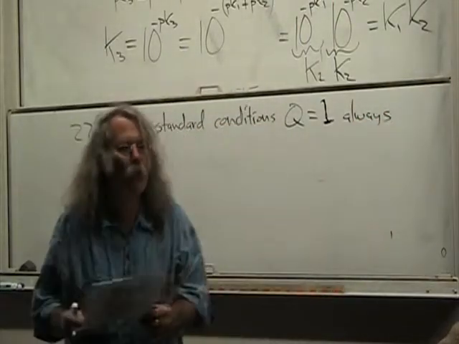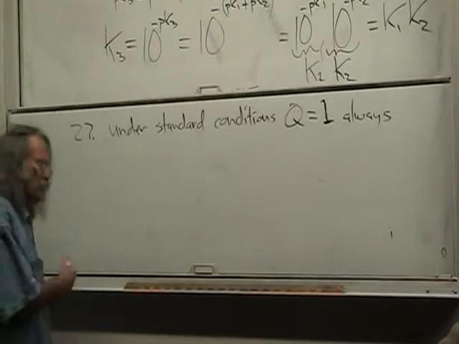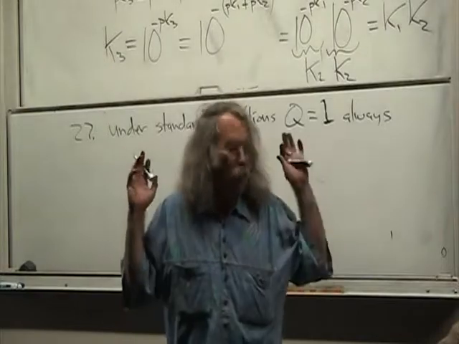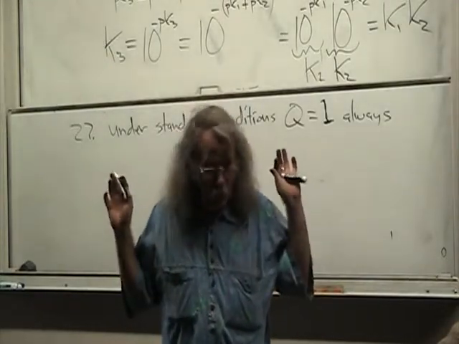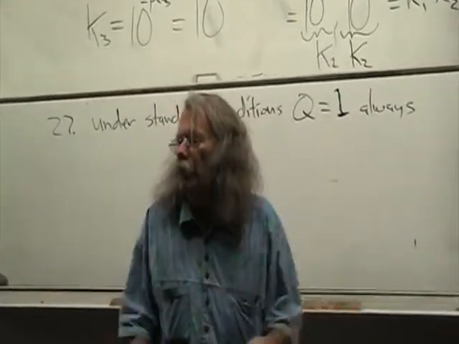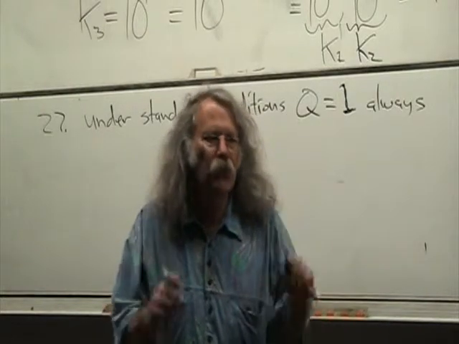Is that true? Yes. Because under standard conditions, the concentration of every reactant is 1 molar, and all partial pressures are 1 atmosphere, and 1 times 1 divided by 1 is 1. And so this is true always.